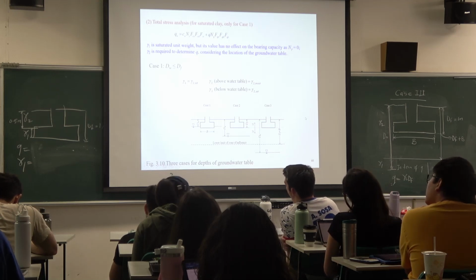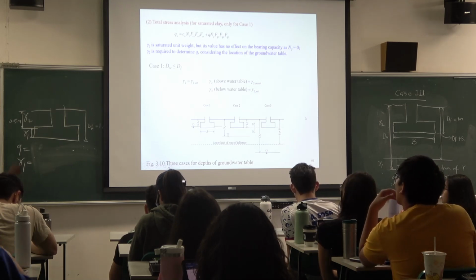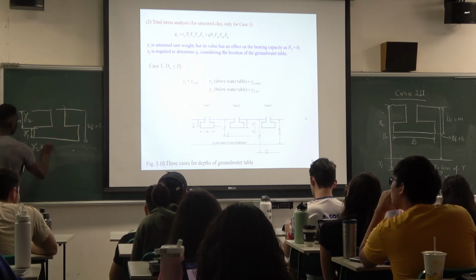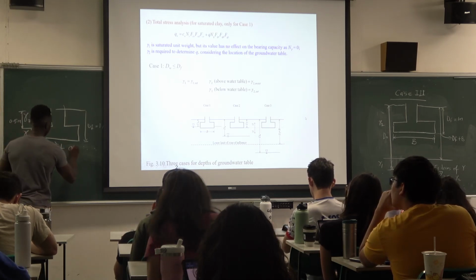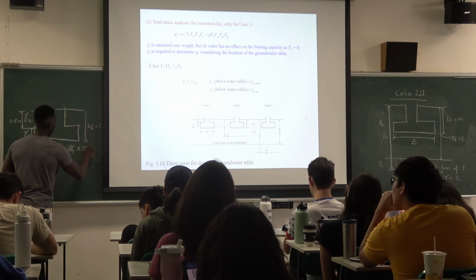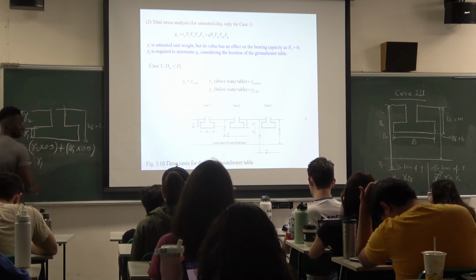Because it's total stress. It's like you combine both the water and the solid. So this part will be gamma 2 multiplied by 0.5 plus gamma 1 multiplied by 0.5. And then this gamma 1, you just substitute the same gamma 1.